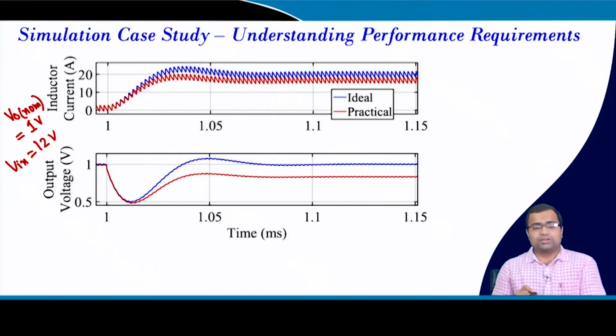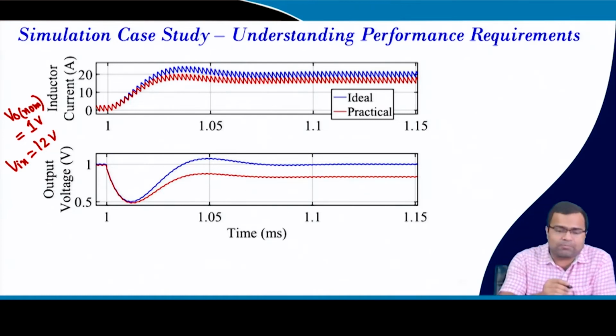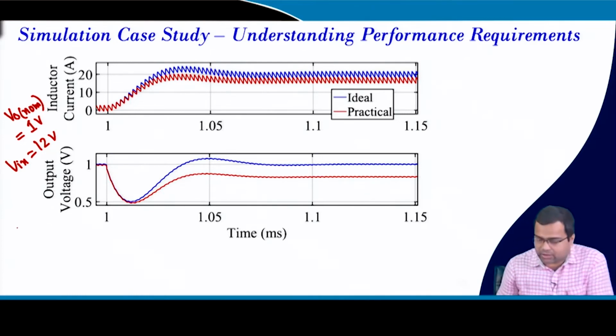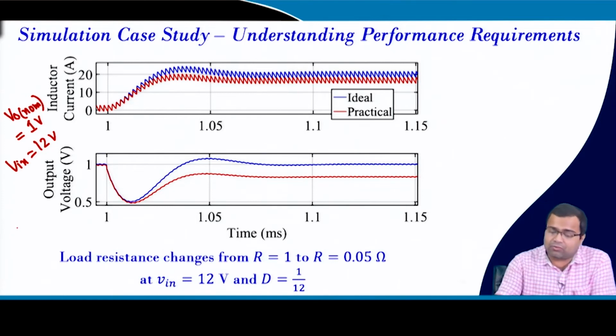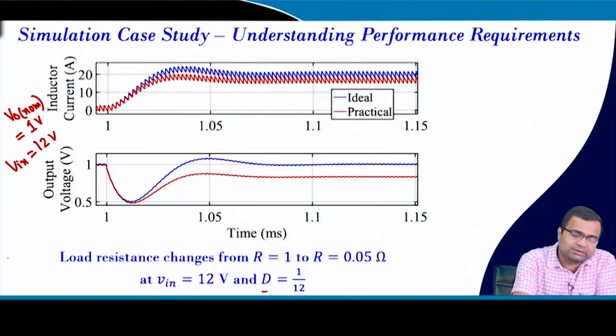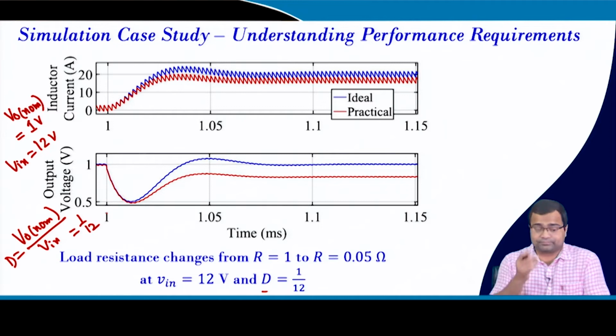Okay. So, if you take an open loop DC-DC converter, we will simply set D equal to 1 by 12, because D equals V out nominal, which is the 1 volt, divided by V in, and this is nothing but 1 by 12 that I have taken.